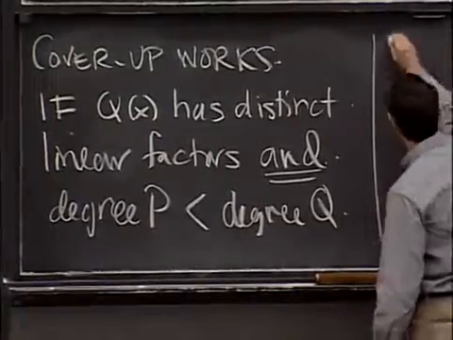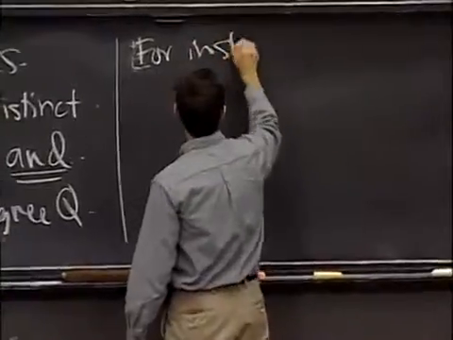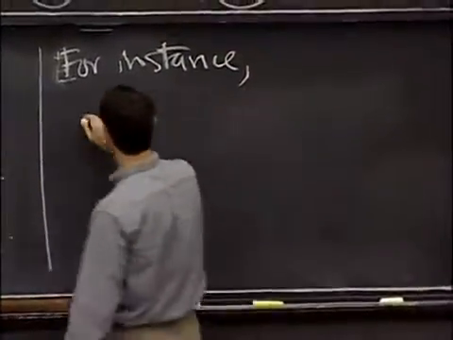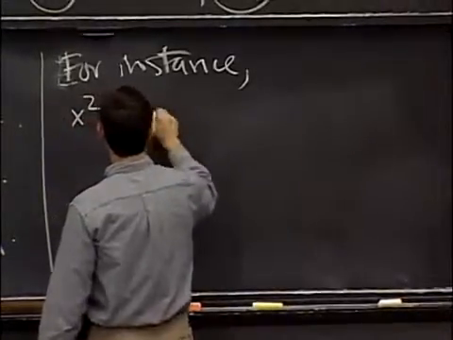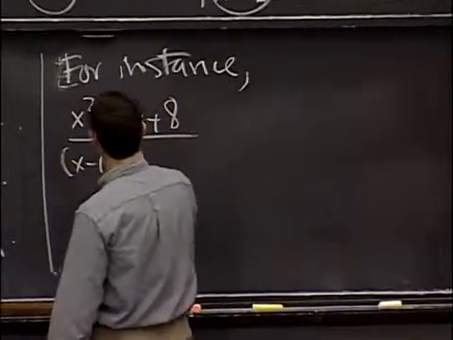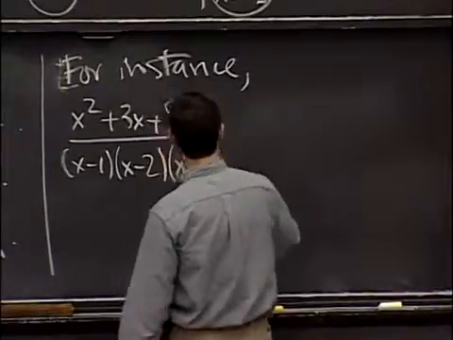So I'm going to give you an example here. So for instance, and this tells you the general pattern of the setup also. Say you had x squared plus 3x plus 8, let's say, over x minus 1 times x minus 2 times x plus 5.